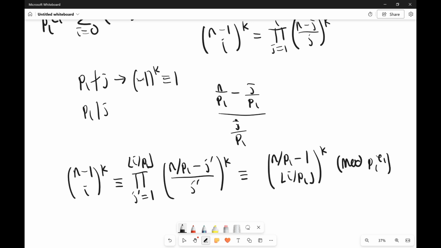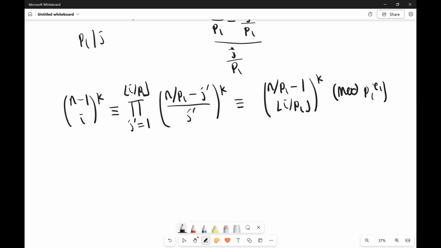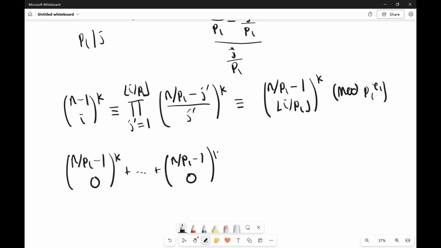And now we have our chunking idea. So we can go ahead and write it as follows. So our final sum modulo p_l to the e_l is n over p_l minus 1 choose 0 to the k a bunch of times. And then we have a few more numbers. And then we just repeat this for every single possible value of this denominator.